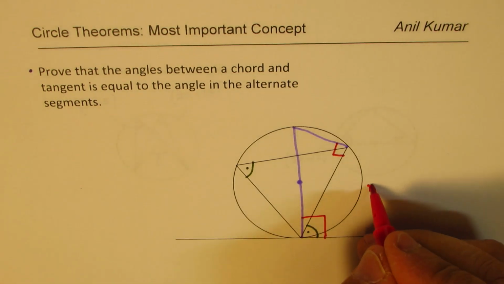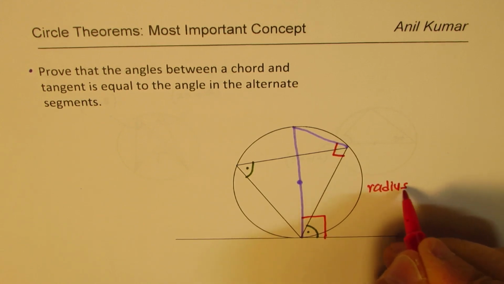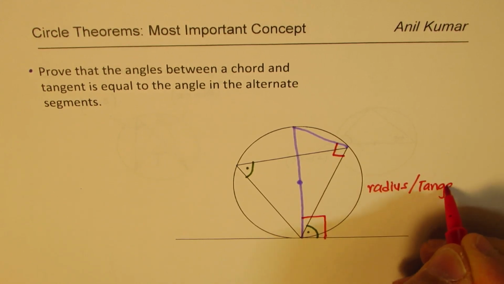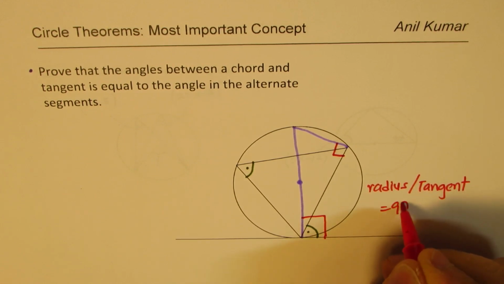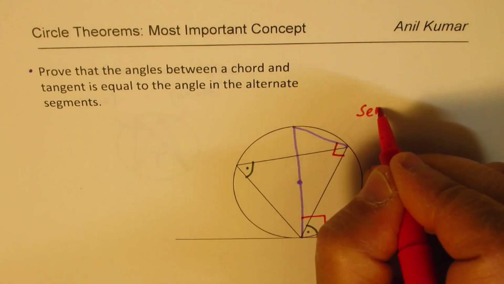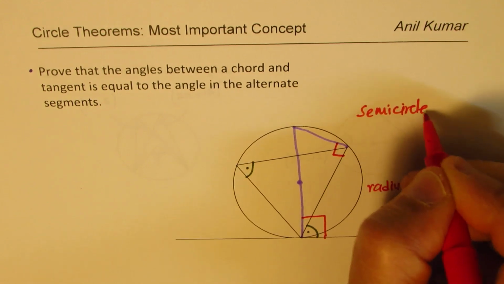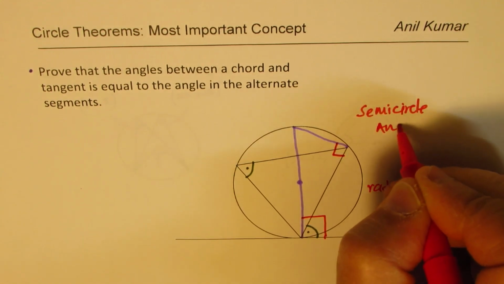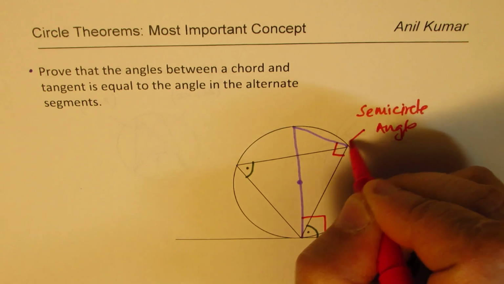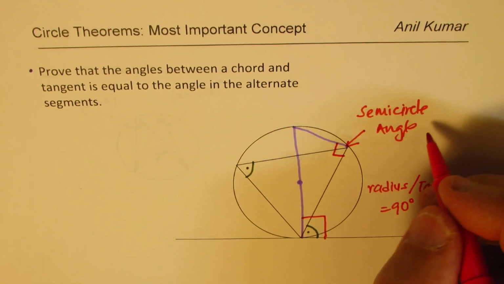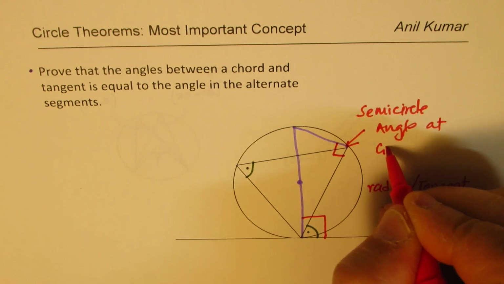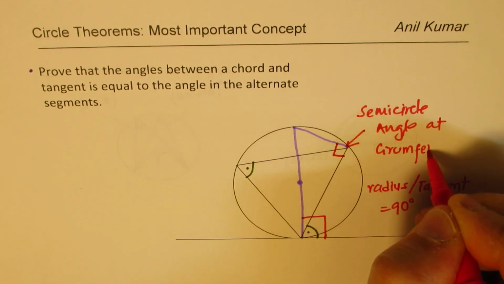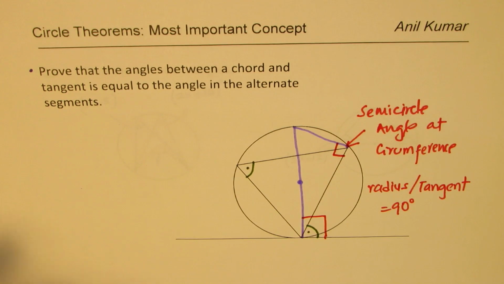So this, between radius and tangent, is 90 degrees. And this, in the semicircle, is 90 degrees, right? Semicircle angle at circumference. Clear? So we know that.